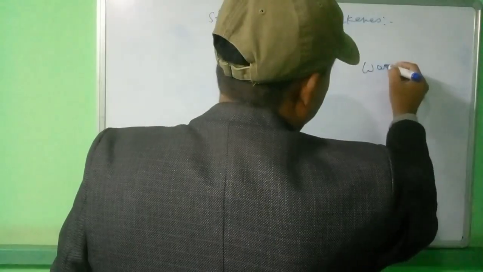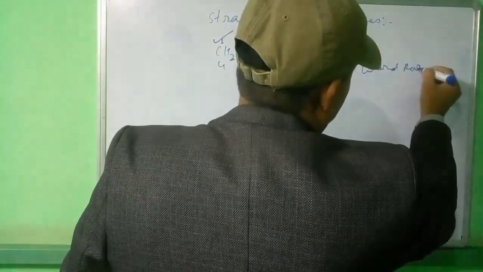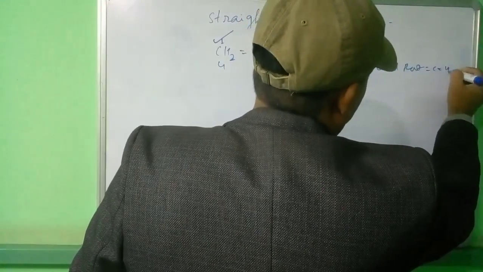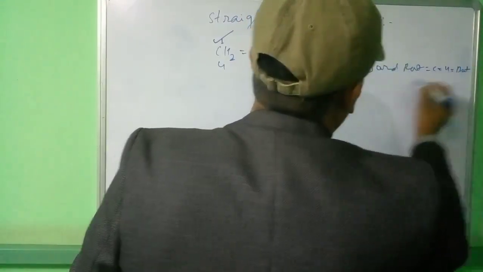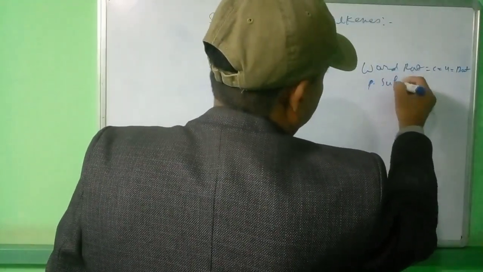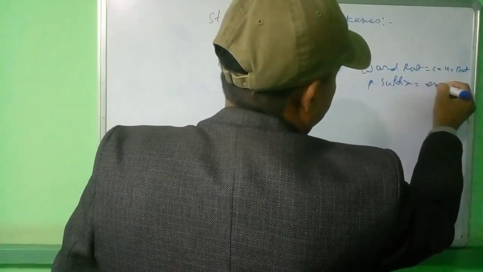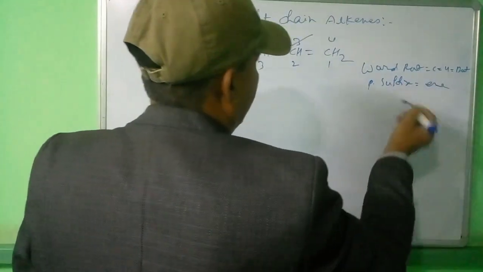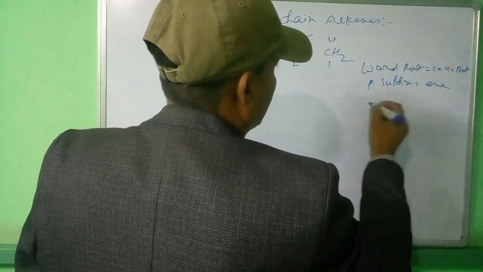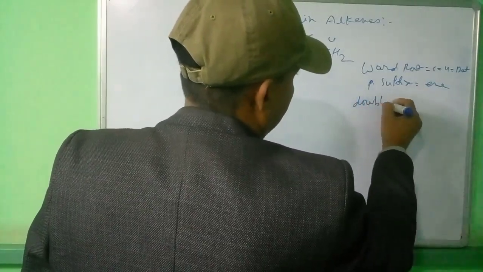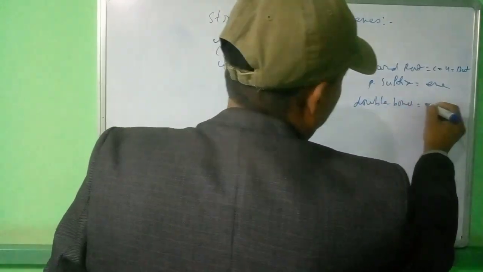So the word root: C is equal to 4, means but. Okay. Primary suffix: ene. And the double bond is present 2 times.